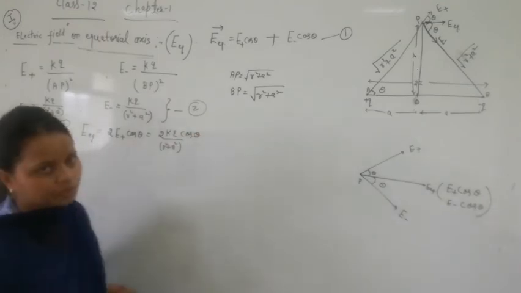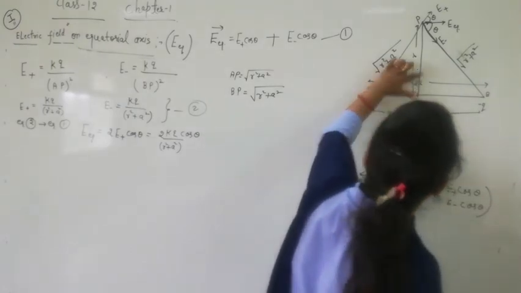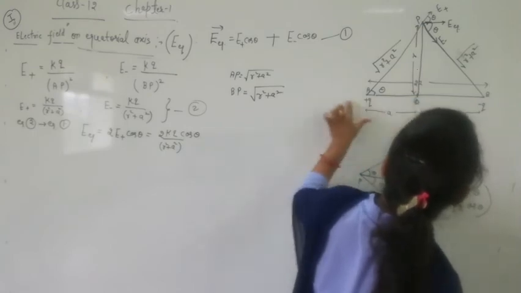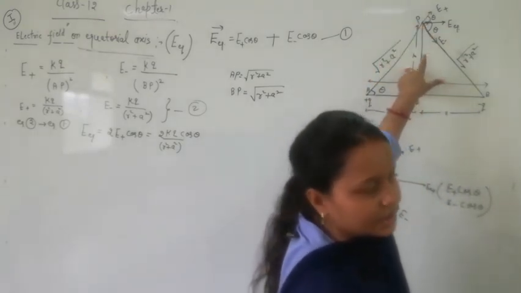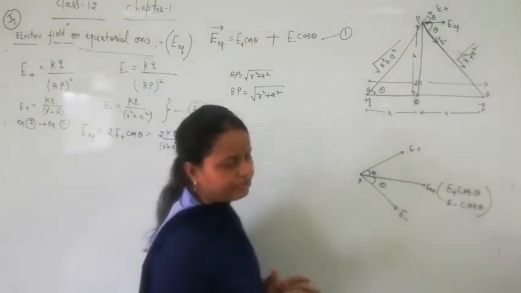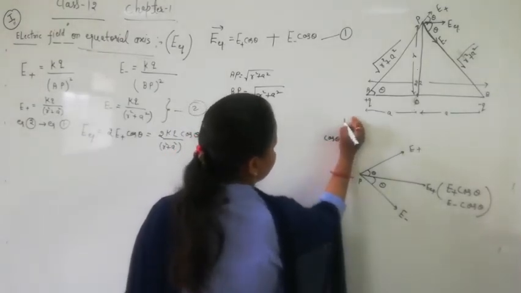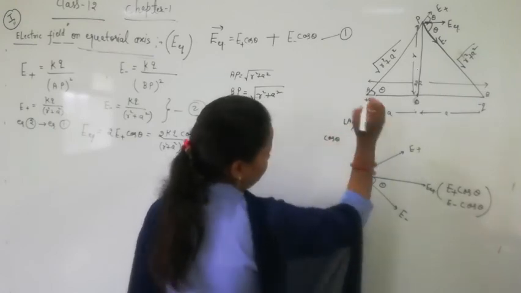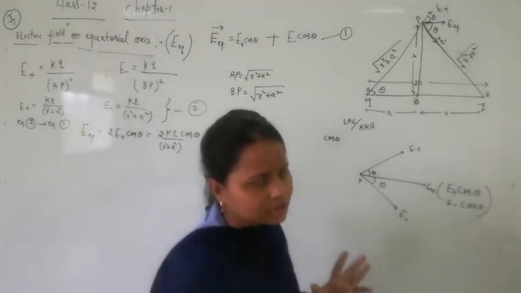Now what about cos theta? Cos theta is calculated from this right angle triangle. We use the trick, and you can also use your own trick.